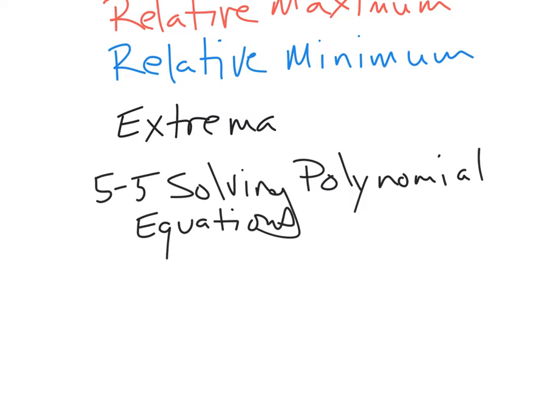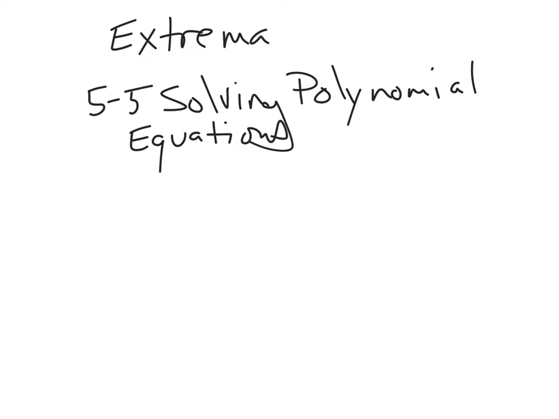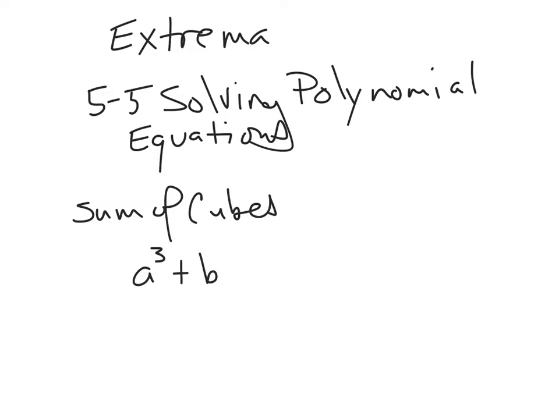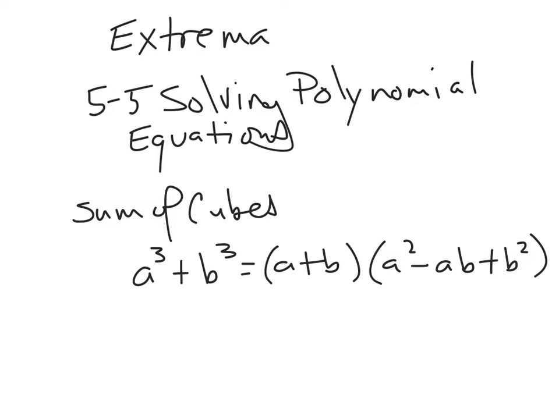All right, so I'm going to start by introducing two new ways to factor, and the first one is the sum of cubes. So the sum of cubes says that if you have a cubed and it's added to b cubed, it will factor into a plus b times a squared minus ab plus b squared.